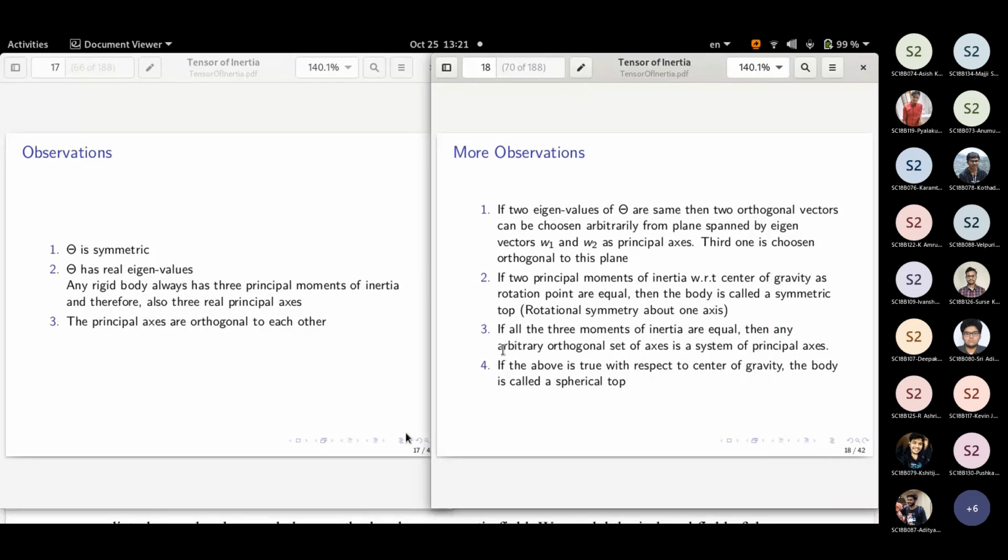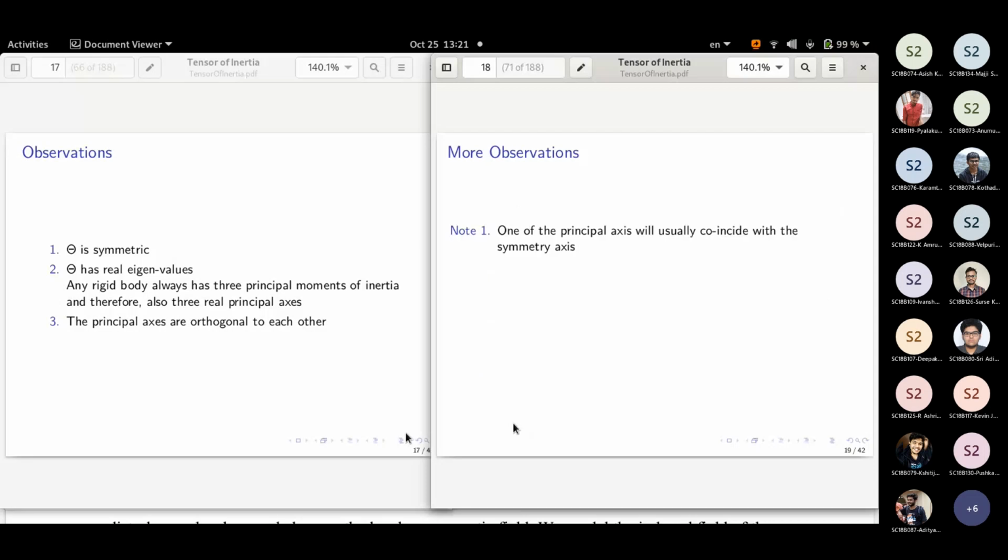Usually we call it a spherical top when the above is true with respect to the center of mass. Basically, you choose the center of mass and then find the principal axes of inertia.